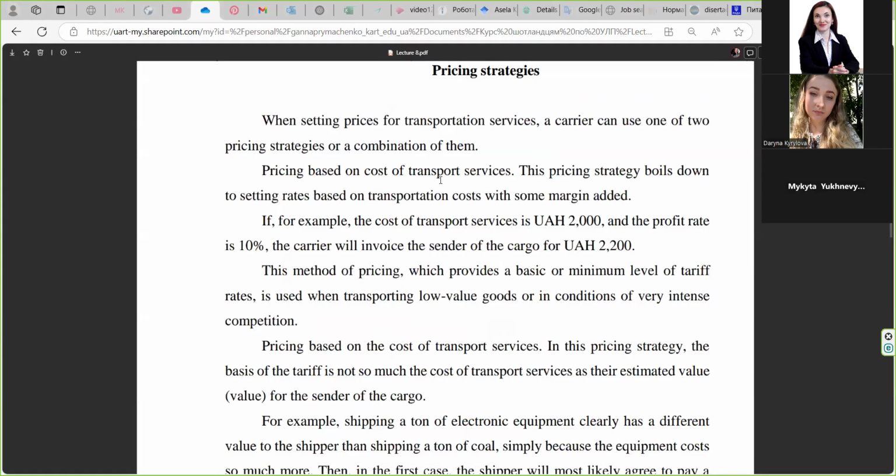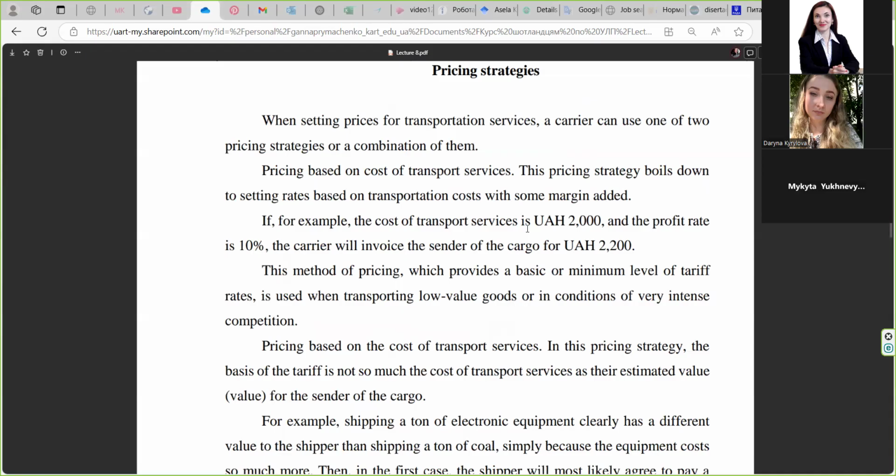When setting prices for transportation service, a carrier can use one of two principal strategies or a combination of them. So, pricing based on cost of transport services. This pricing strategy boils down to setting rates based on transportation cost with some margin added.